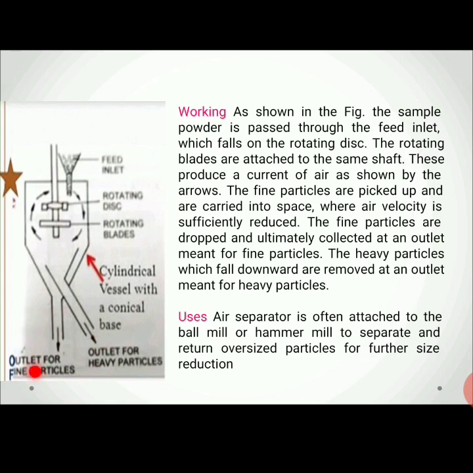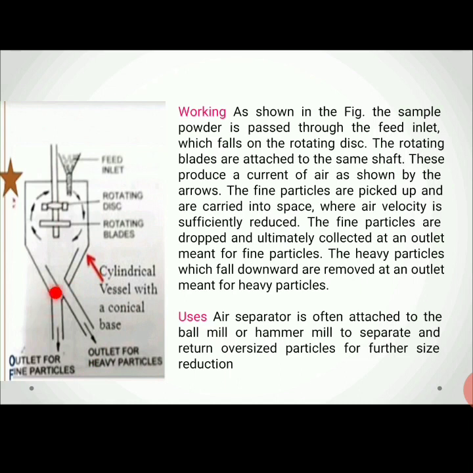Here one outlet is for fine particles and another is for heavy particles. Those particles that are fine come to this outlet, and those that are heavy come from this outlet of heavy particles. So here proper separation occurs.